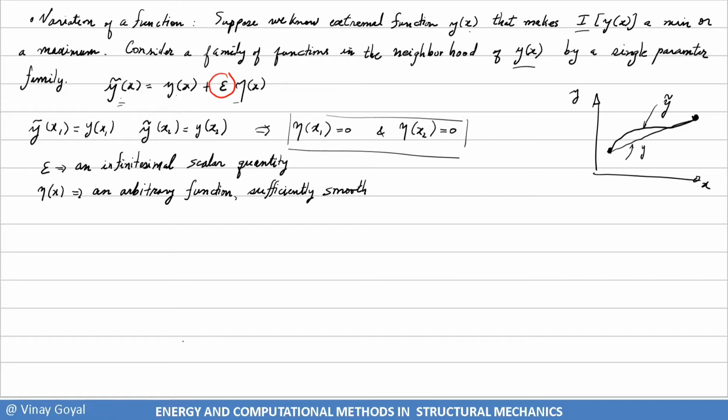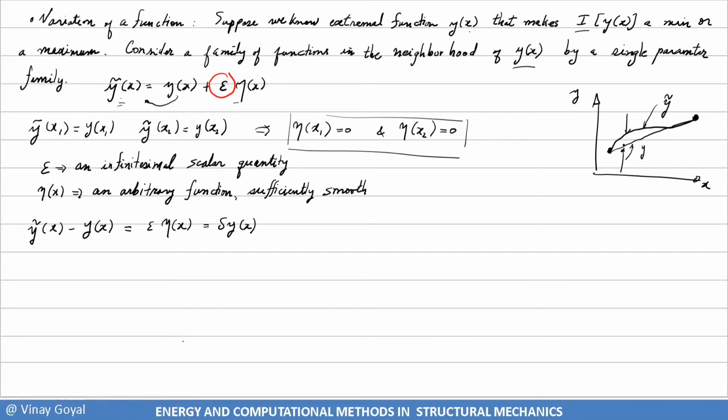I also want you to notice that if I take the difference in height, that difference in height is this distance right here. And that distance is basically, if I put this on the other side of the equation, epsilon eta x, which I'm defining as del y of x. And so that height right there is del y of x.